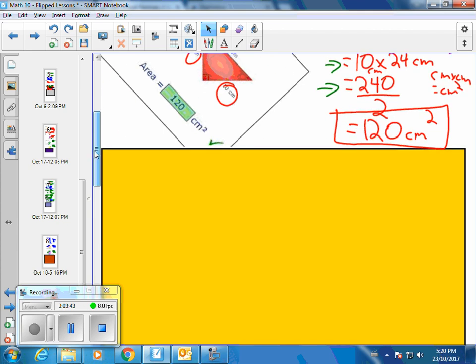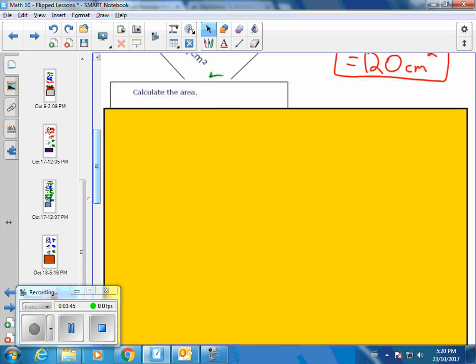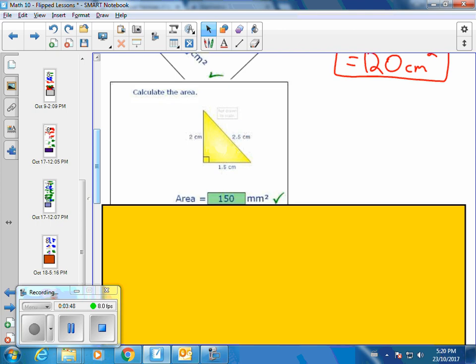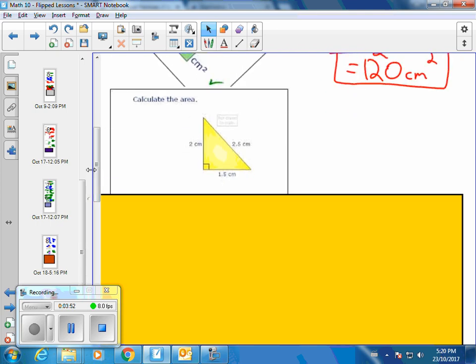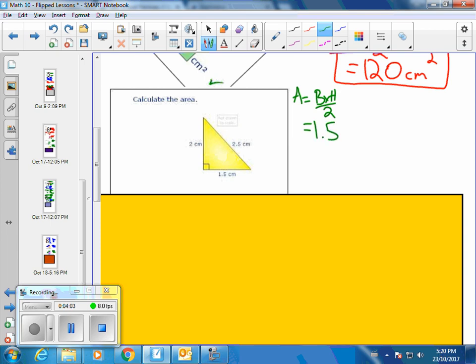So let's go ahead and move on to another example. For the next one, let's hide that for a second. I always forget that. We're going to be following the exact same formula, slightly different numbers. A equals base times height over 2. A equals 1.5 times 2, all divided by 2.